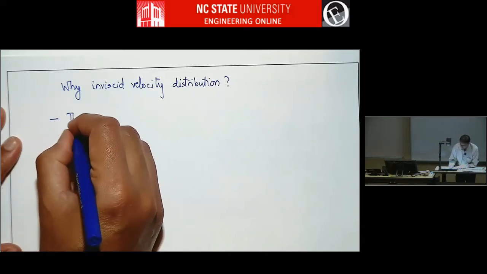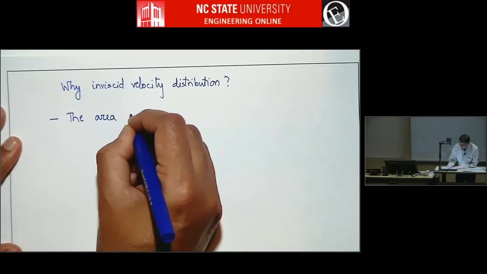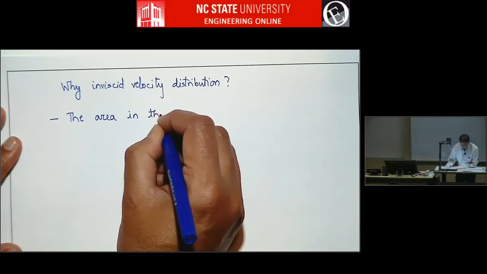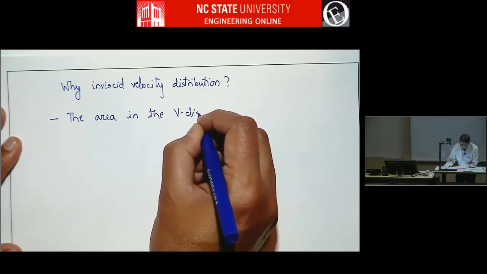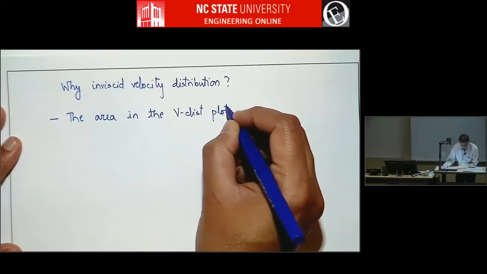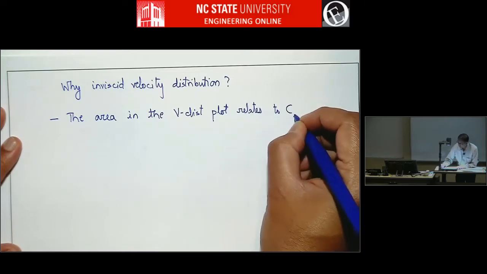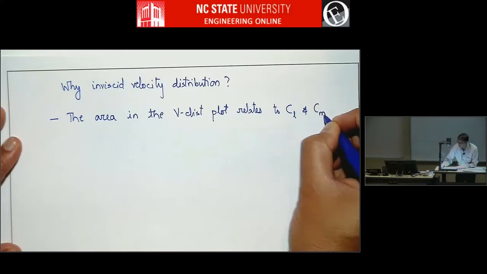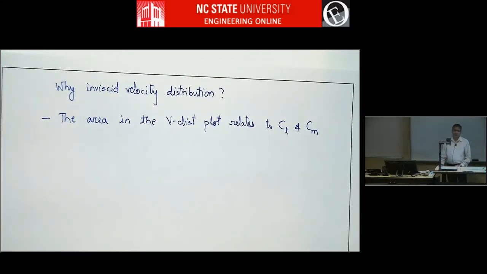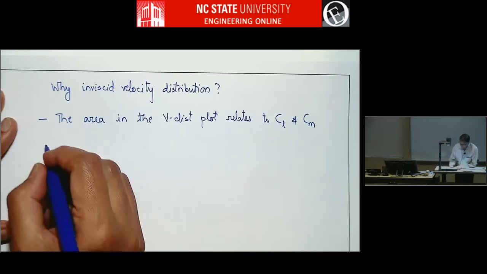Because the area in the velocity distribution plot relates to lift and moment coefficients of the airfoil. We have seen this enough times so far in the course.